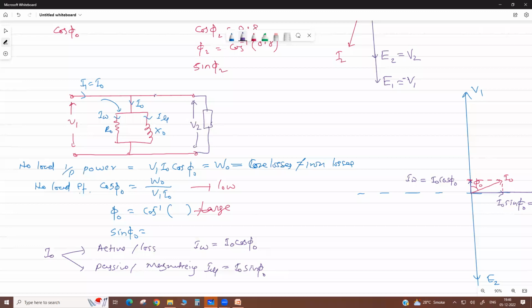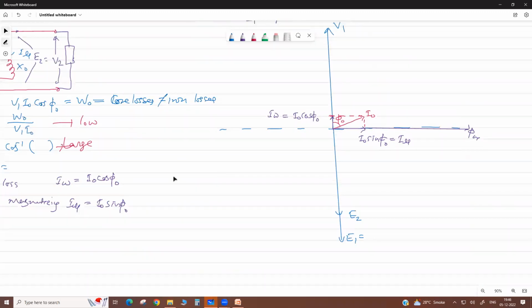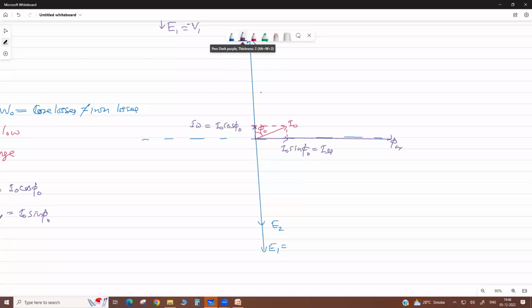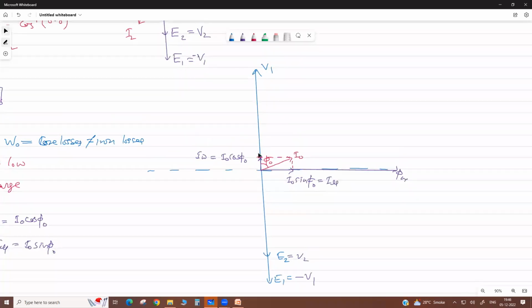But if there is no impedance here and here, then the induced voltage E2 equals V2 and the induced voltage E1 equals V1. So this is your V2 and this is your minus V1, because it is opposite, at 180 degrees.